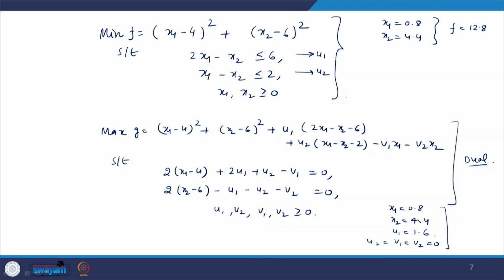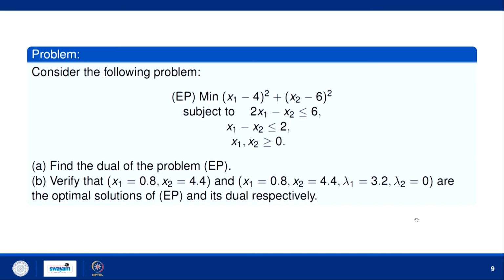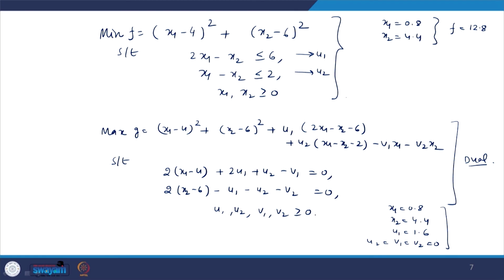So, this is basically, lambda 1 given as 3.2. Now, if you take this point, it satisfies all the dual constraints, and the objective value at this point, z, is also the same as f, 12.8.